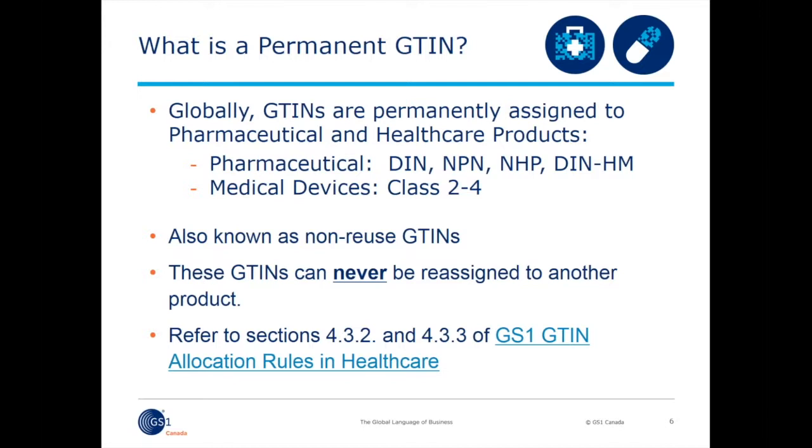So long as the product is identical to the previously offered product, the GTIN may be reactivated. But we mean identical. The same brand, the same DIN, the count, the format, everything. These permanent GTINs, also known as non-reuse GTINs, why exactly do we have all this fuss?